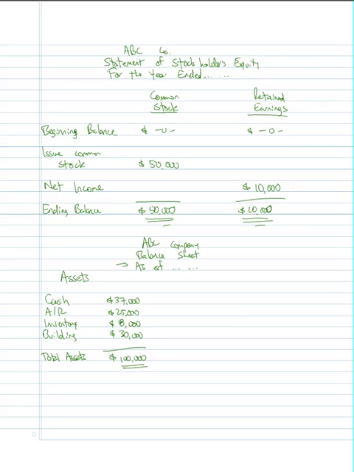Now notice our total debits on our trial balance was $115,000, but our total assets are only $100,000. Why is that? Well, two of the debit accounts were expense accounts, not asset accounts. The cost of goods sold of $8,000 and the wages of $7,000 were debit accounts that were not assets or not reported on our balance sheet as assets.